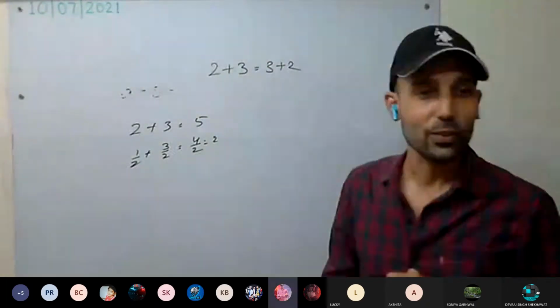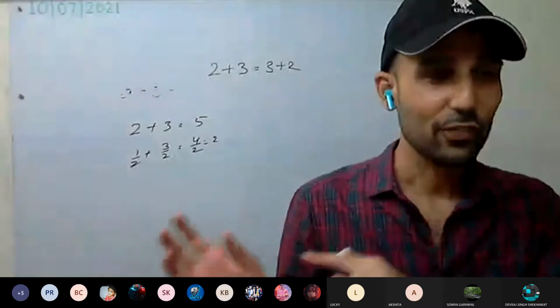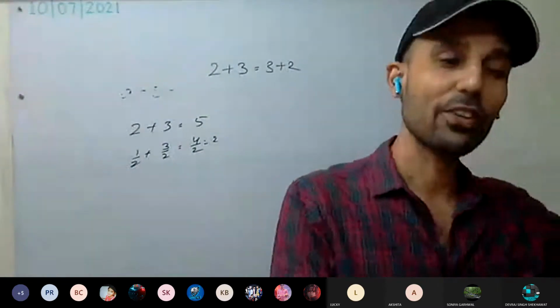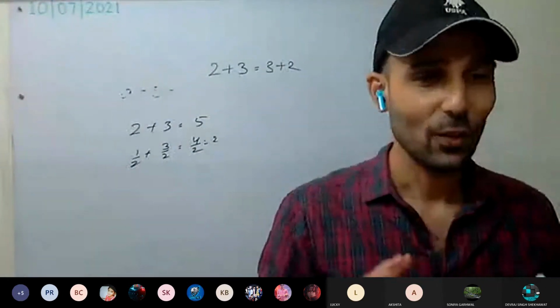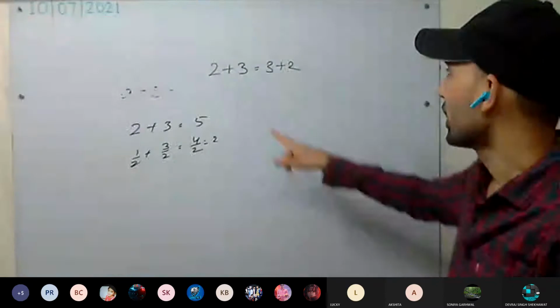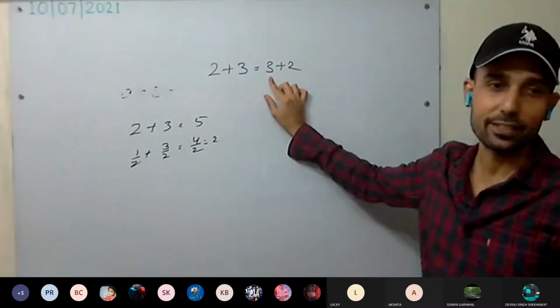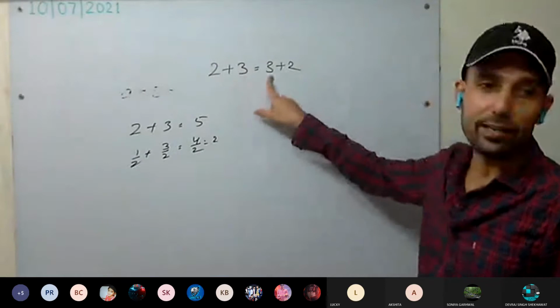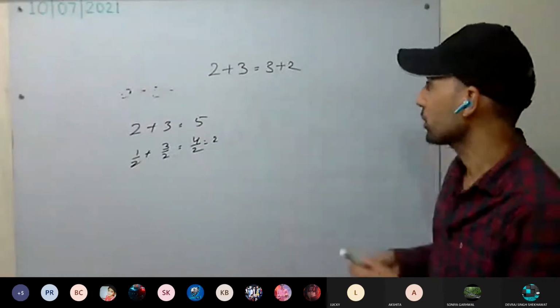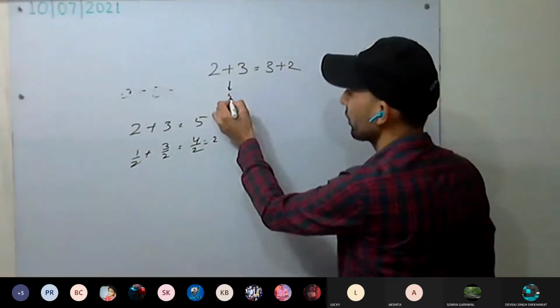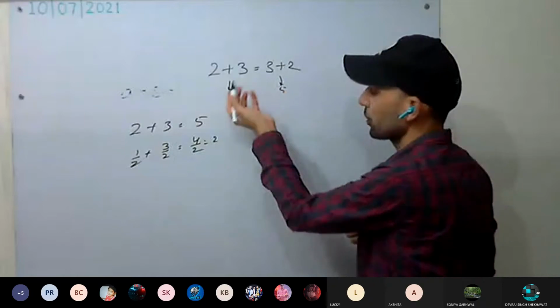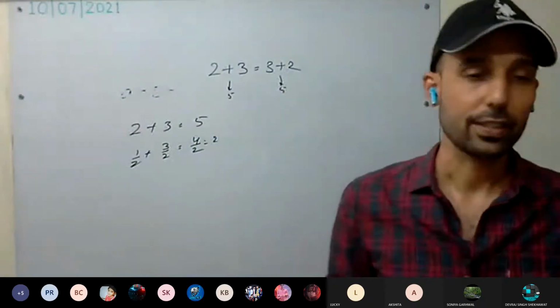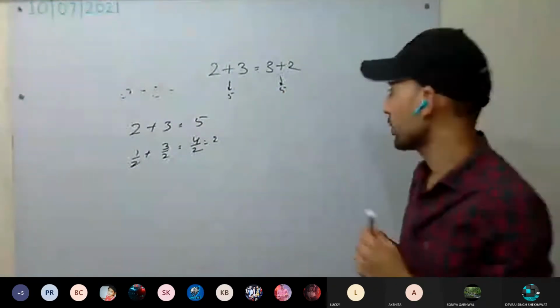Does it happen that if a particular person enters first, someone will be removed from the metro? No, all are going to be added to the metro. So this is commutative property. That is, 2 plus 3 equals 3 plus 2. In any order you add, the answer is the same. You can check as well. Left hand side 5, right hand side also 5. Therefore, commutative property.